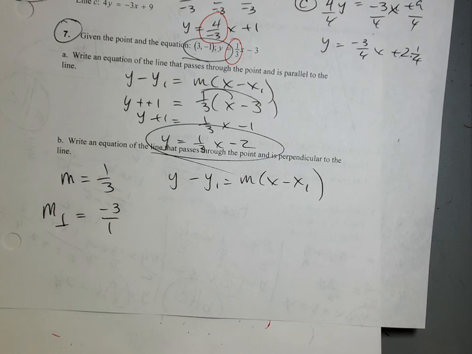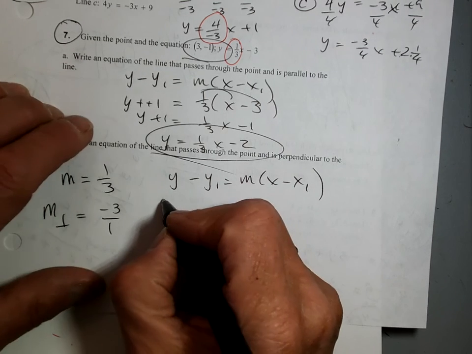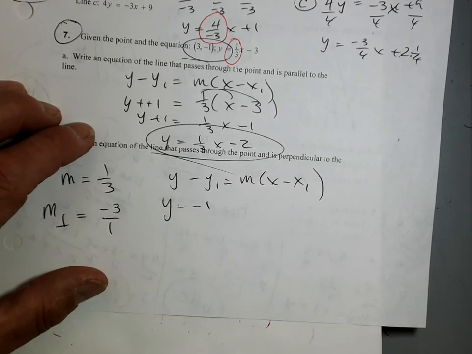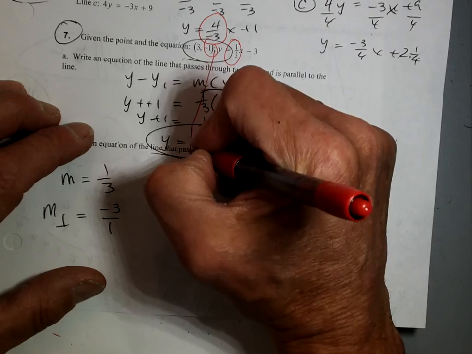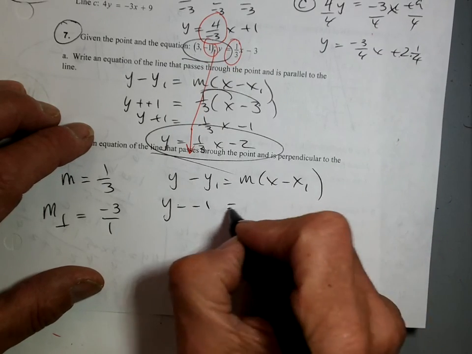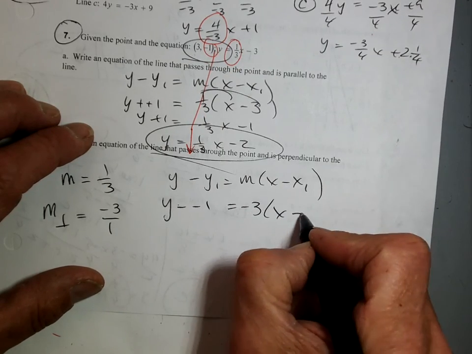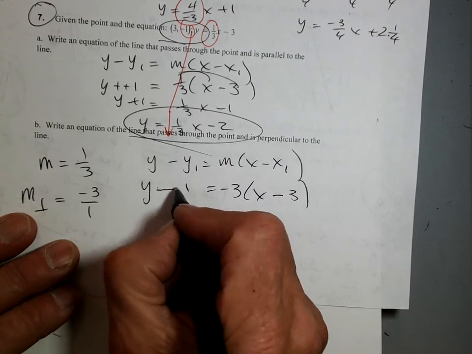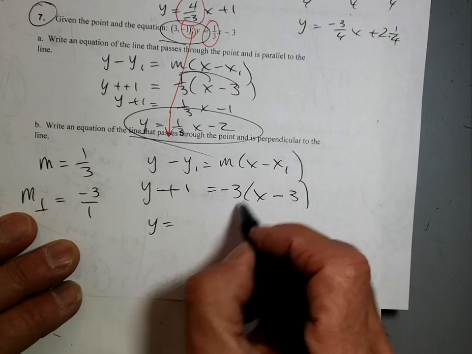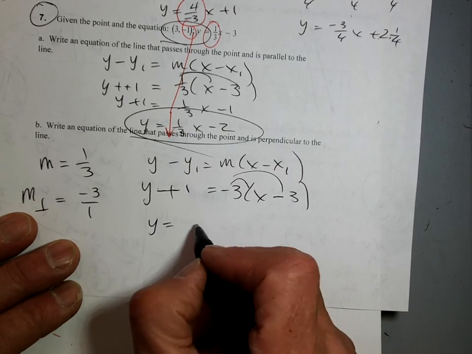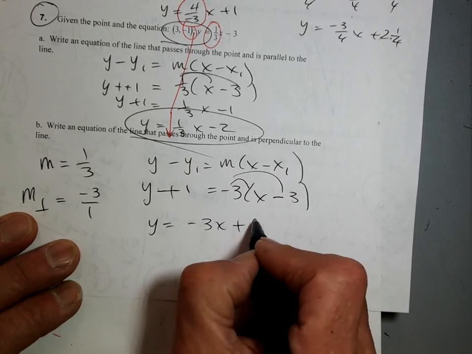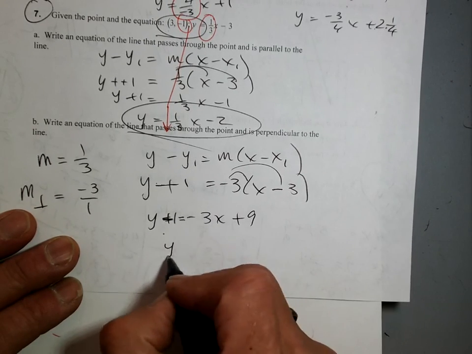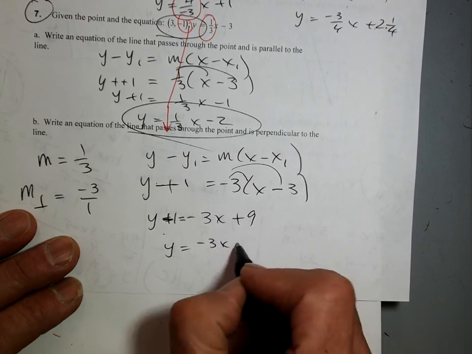So y minus negative 1 equals -3 times x minus 3. Double negative. Y equals, I'm going to distribute, -3x plus 9, minus 1, minus 1.